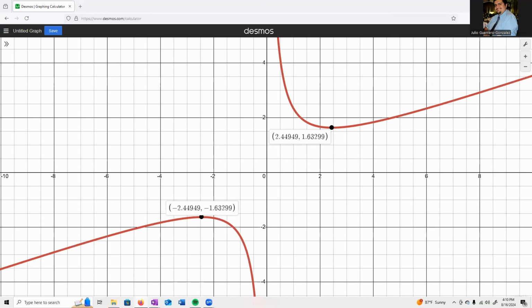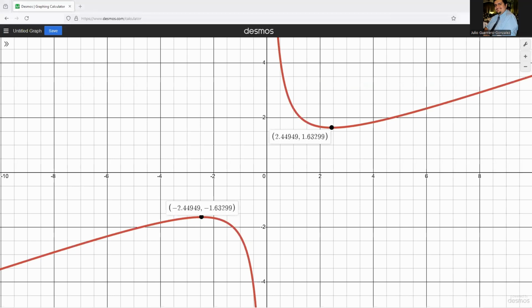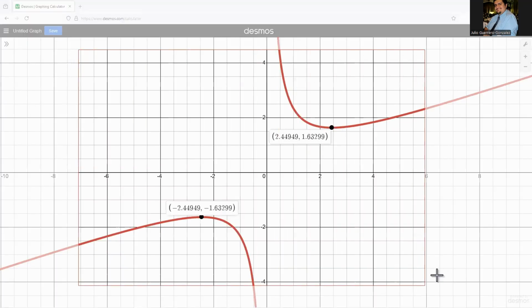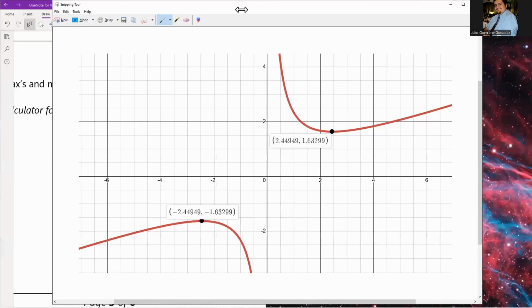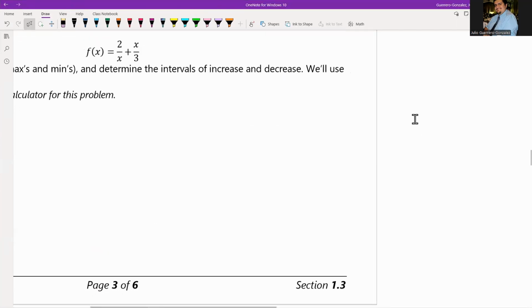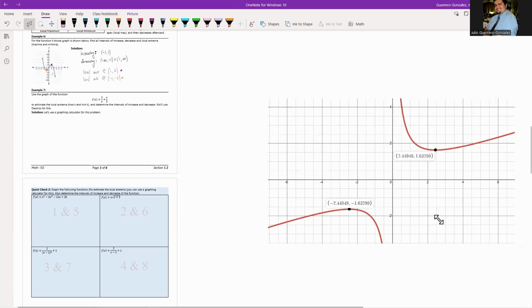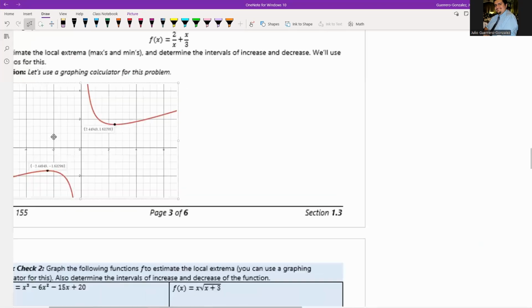So what I want to do now is I'm going to grab my snipping tool. I'm going to take a picture of this so we can throw it in our notes. Okay. And let me zoom out really quick. Paste it in here. Bring this down, put it in our notes, zoom back in.